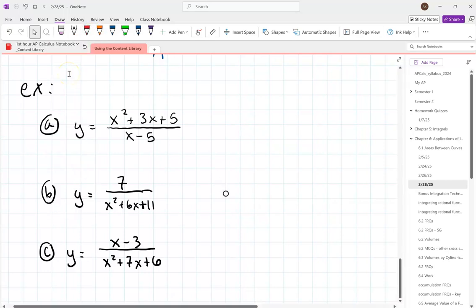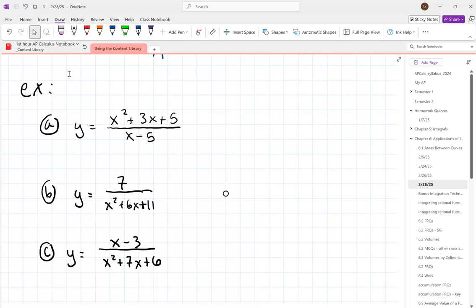Okay. So these are 3 examples. Our 3 techniques were using polynomial division. Synthetic division is a type of polynomial division. Using tan inverse, or using partial fraction decomposition. So if I look at these, the cue for polynomial division is that the degree of the numerator has to be greater than or equal to the degree of the denominator.